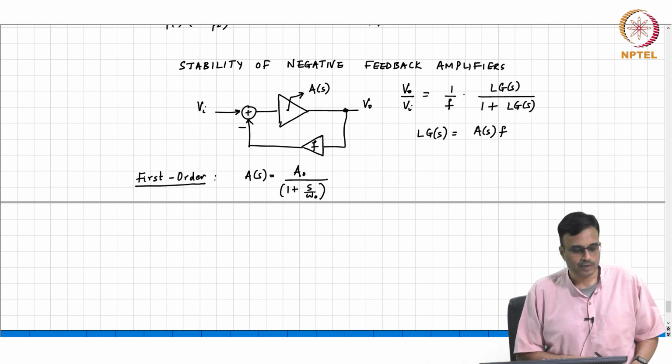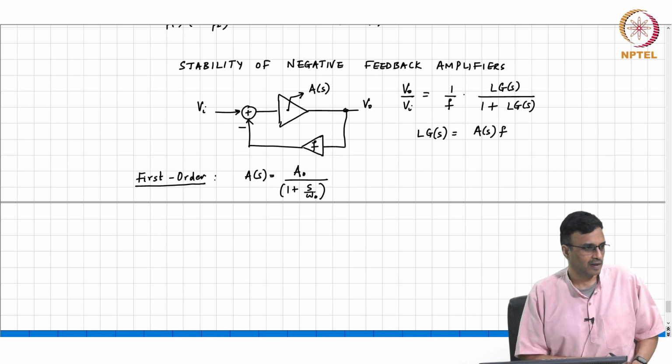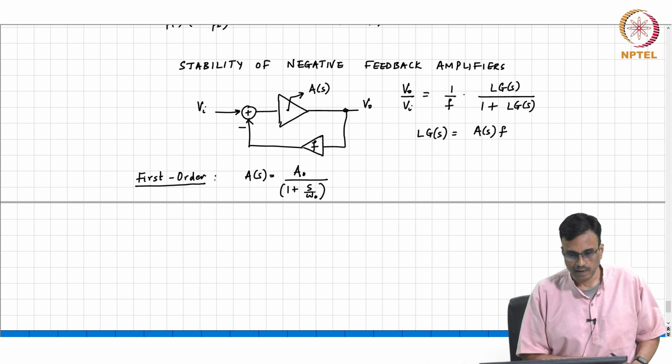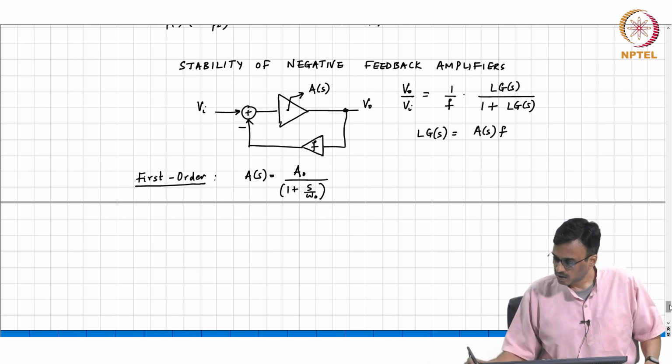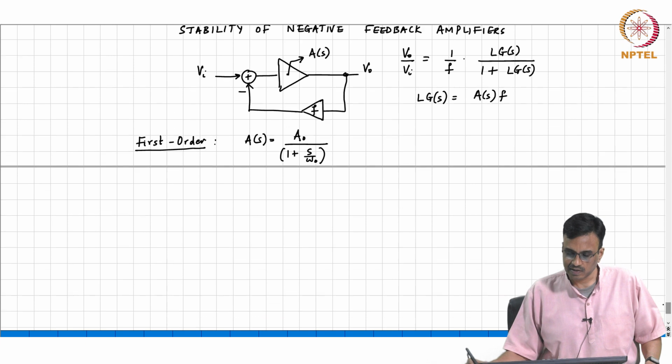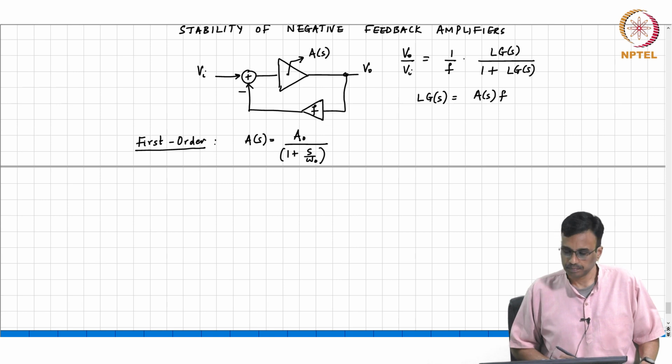In the common source amplifier, that omega naught will correspond to 1 over RS times CGS plus 1 plus CGD times A and so on. But at this point at the system level, it is good enough to model it by a single pole with a bandwidth omega naught.